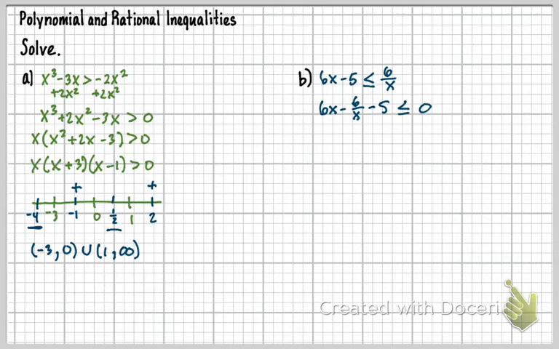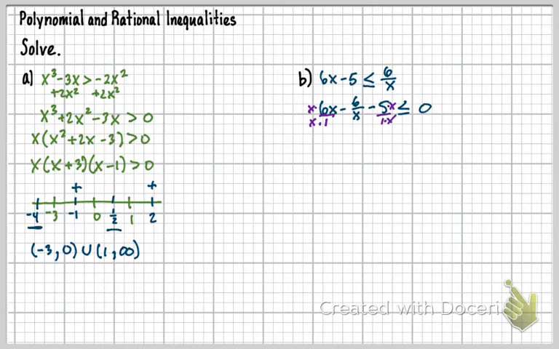So now what I have to do here, when I have one that's a fraction with an x on the bottom, is build them all up so that they all have x's on the bottom. So that's how I have to deal with these. So that means I'm going to have to think about 6x over 1 and 5 over 1. And I've got to multiply the top and the bottom of those by x for both of those.